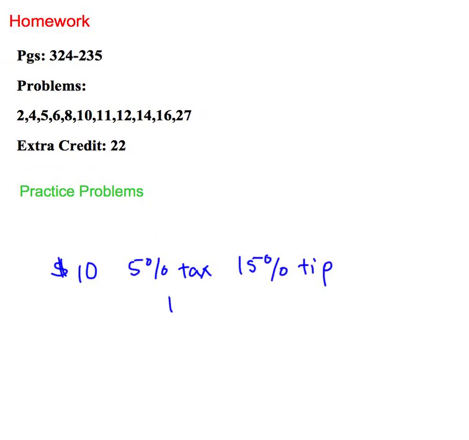Well, first you have to figure out how much tax is, and then add that to your total, and then find your tip.